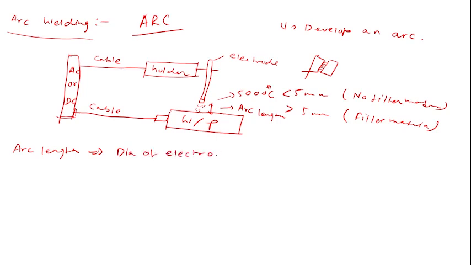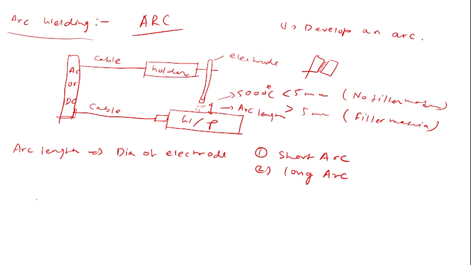There are two types of arc length. One is short arc and the second is long arc. If your arc length is lesser than the diameter of the electrode, then it will be a short arc, and if it is greater than the diameter of the electrode, then it will be a long arc.